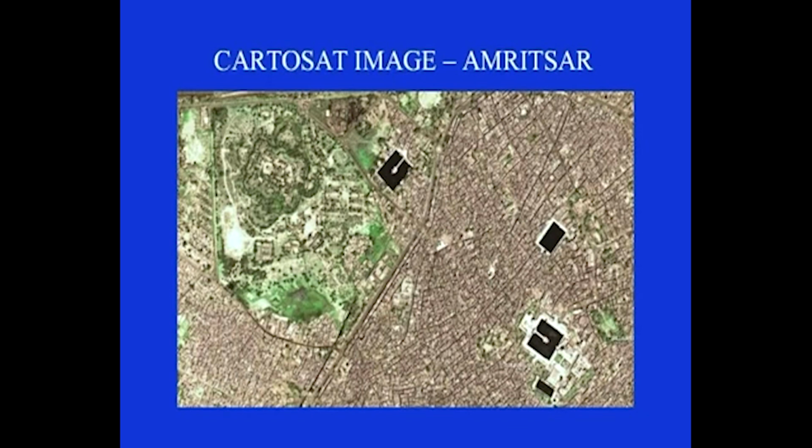This is the famous Durgiana temple of Amritsar, built on similar patterns as the Harmandir Sahib Gurdwara, and one can see the repetitive design which has been adopted in both the cases.